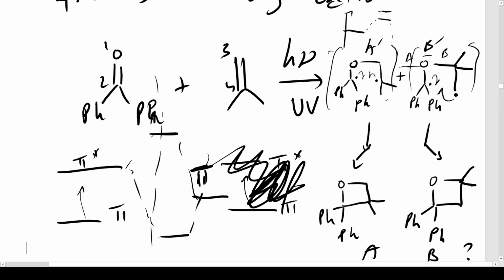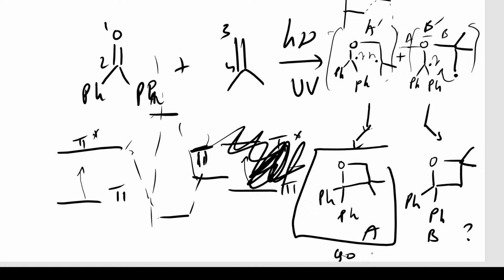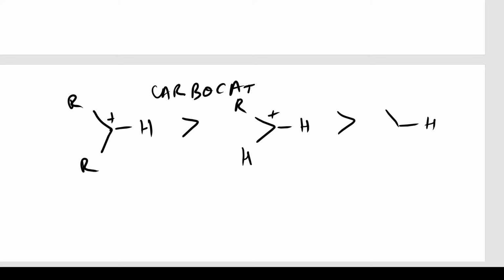Okay, you got it. The most stable product is obviously A. Maybe 90%, more or less 10%. Okay, so the reason is simply because of one rule: when you have a carbocation, the stability of the carbocation is as follows.